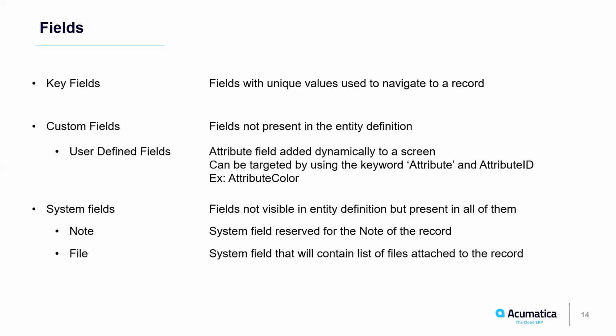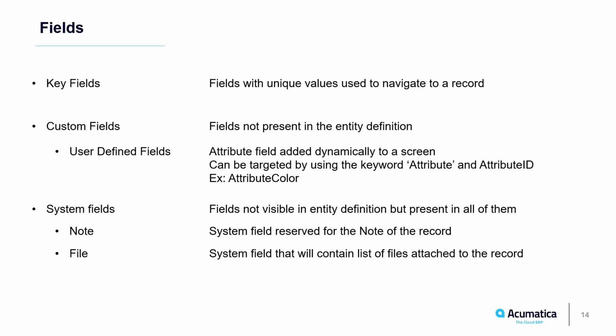Now, custom fields, like I mentioned, are fields that are not present in the entity definition. As a subset of this, we have user-defined fields, which are attributes that can be added dynamically to specific screens.